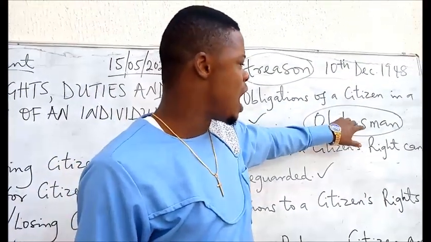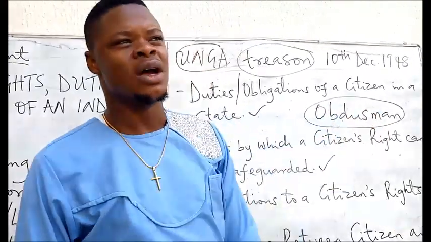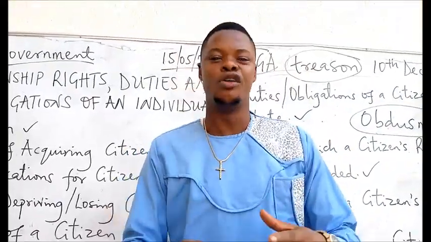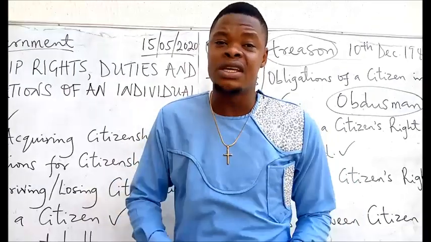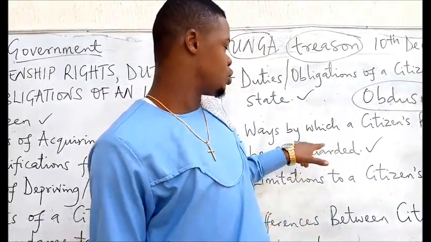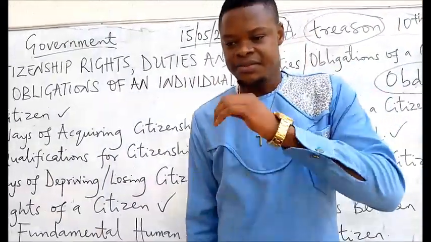So such a body can help to safeguard the rights of an individual. If you go to Abuja, for instance, there is a radio station called Human Rights Radio. So all of these human rights commissions help to safeguard the citizens' right.